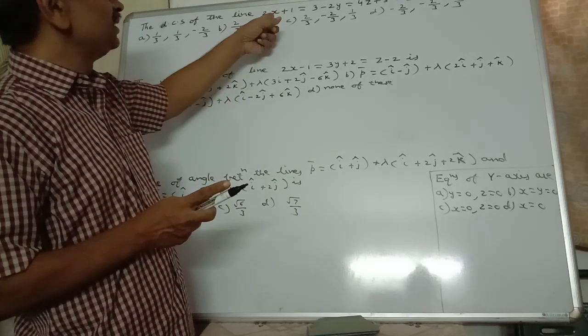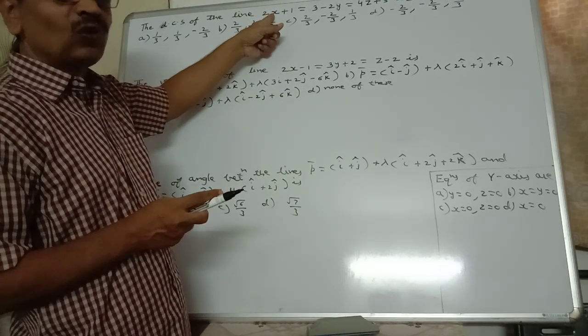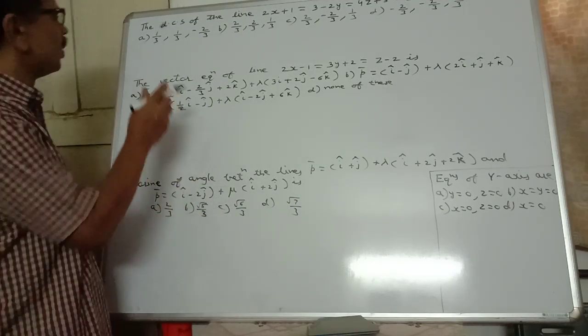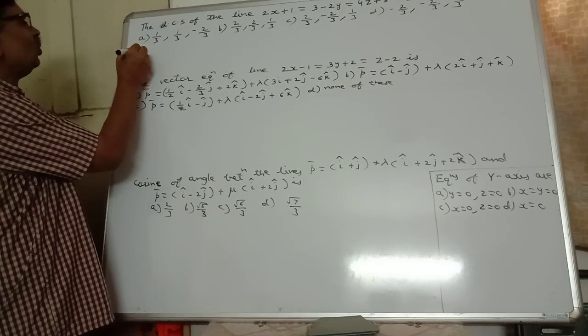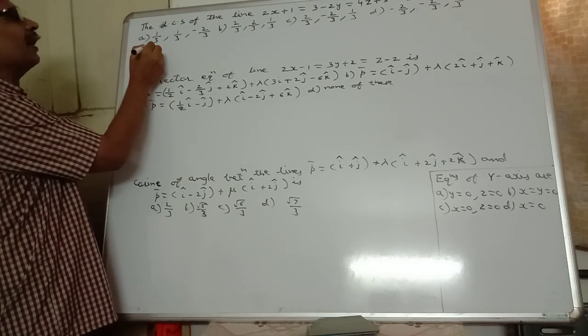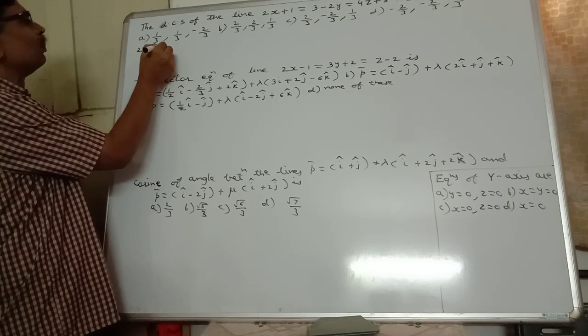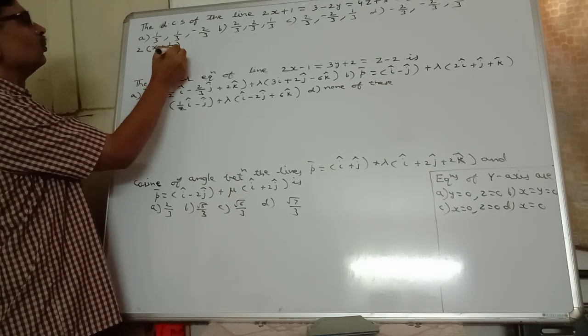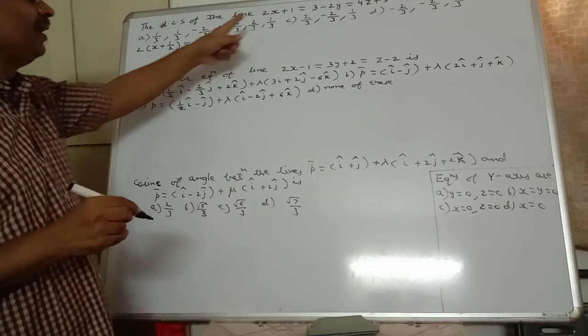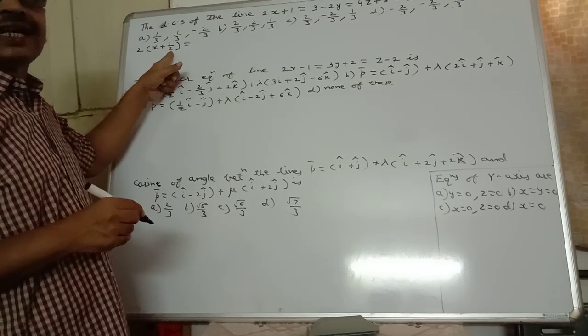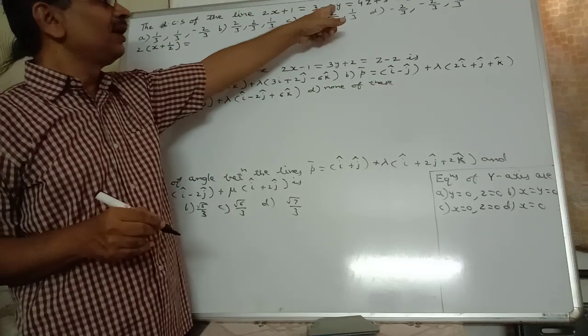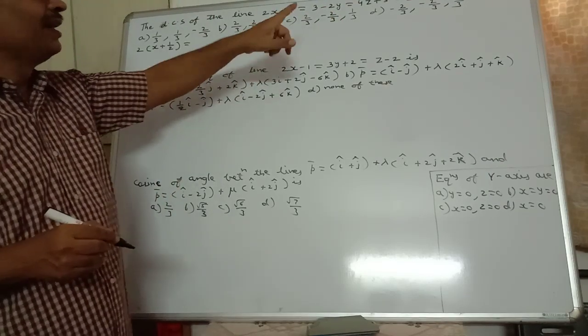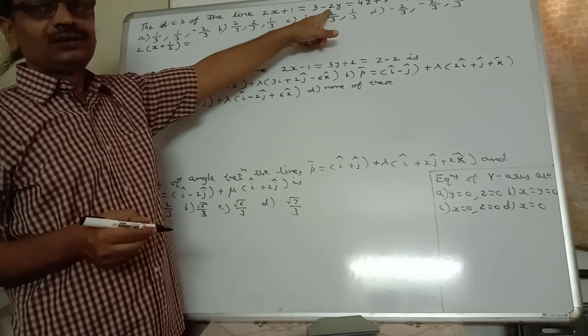To make the coefficient of x 1 here, we have to take 2 common: 2 into bracket (x + 1/2). As we have taken 2 common, the second term is 1/2. Here make the coefficient of y equal to 1.